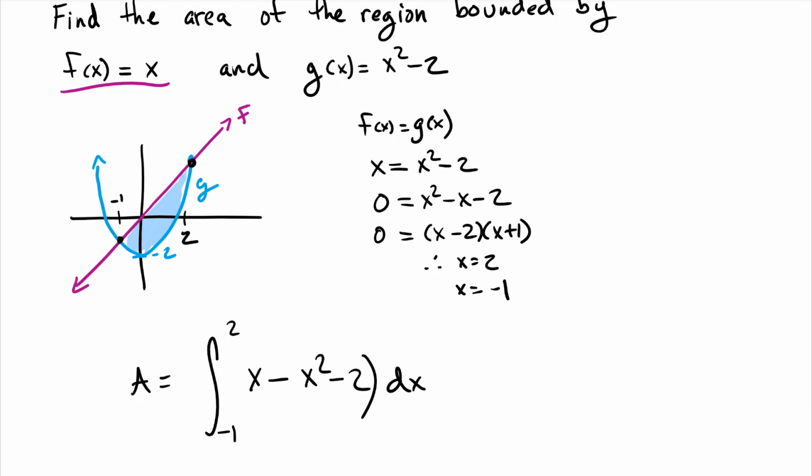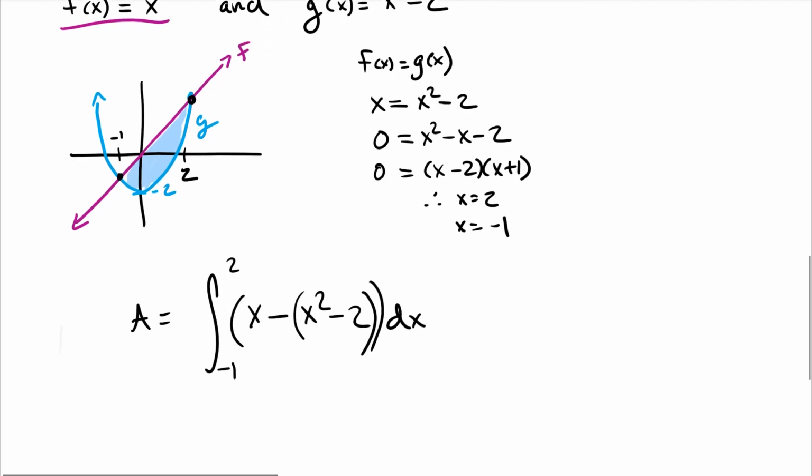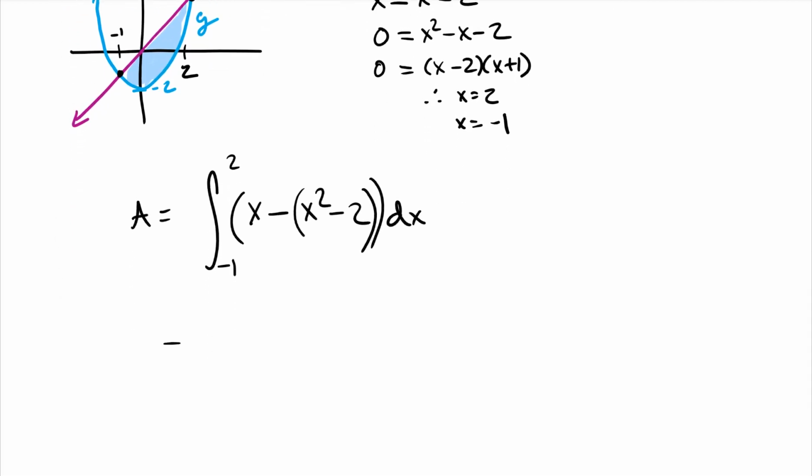What did I do that's incorrect? When you subtract, you need a parenthesis. The g of x, we're subtracting it out. So we need to make certain that we use a parenthesis. We're going to create a sign error otherwise. So it very much matters what's on top and what's down below. And use some parentheses. So we have the integral from negative 1 to 2 of x minus (x squared minus 2) dx.